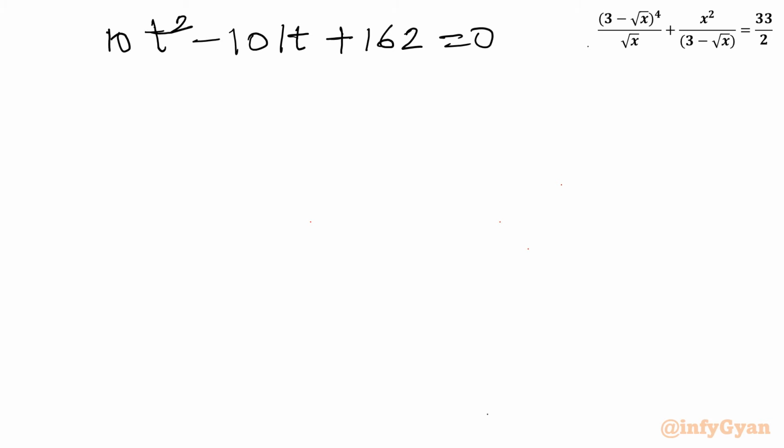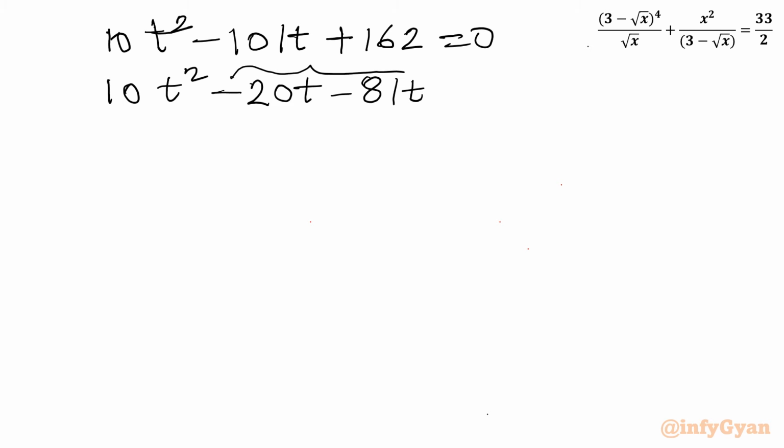Now I will write our middle term: 10t square unchanged, then minus 20t minus 81t. This is a split of 101t, plus 162 equal to 0.